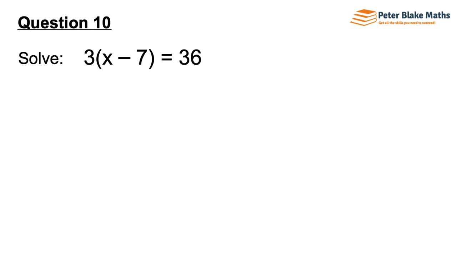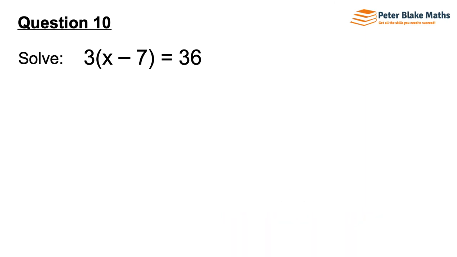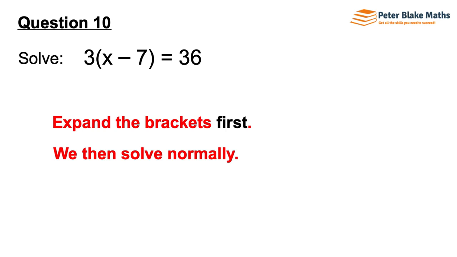Question 10. Solve 3 outside of x minus 7 equals 36. We're going to expand the brackets first, then we'll solve the equation normally.